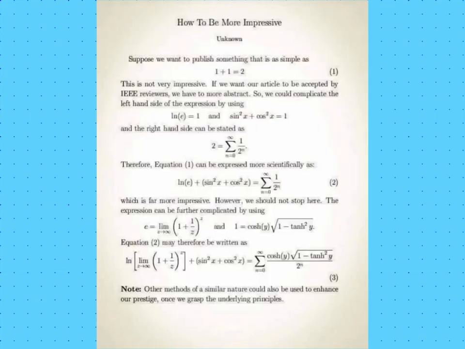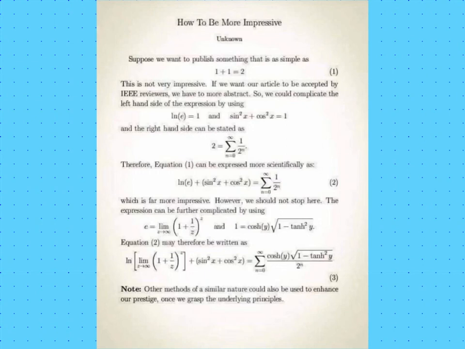So last bit, as the fun slide for this unit, I decided to use this one: how to be more impressive. It's created by an anonymous person. Suppose we want to publish something that's as simple as 1 plus 1. That's not very impressive. If we want our article to be accepted by IEEE reviewers, so there must be some academic journal I'm not aware of, we have to be more abstract.